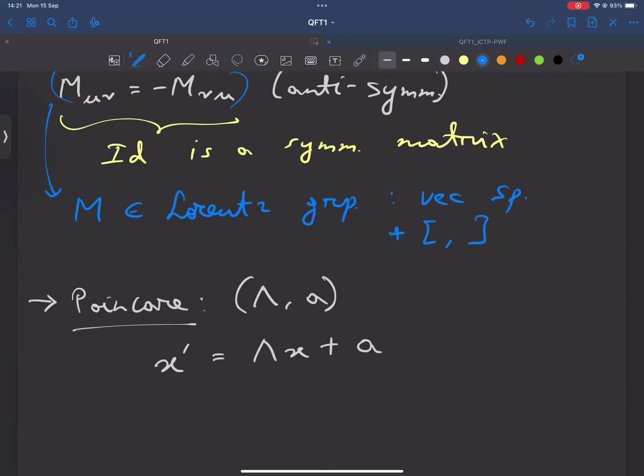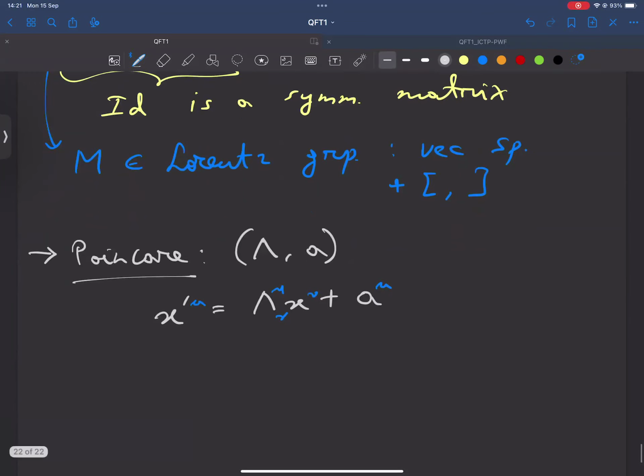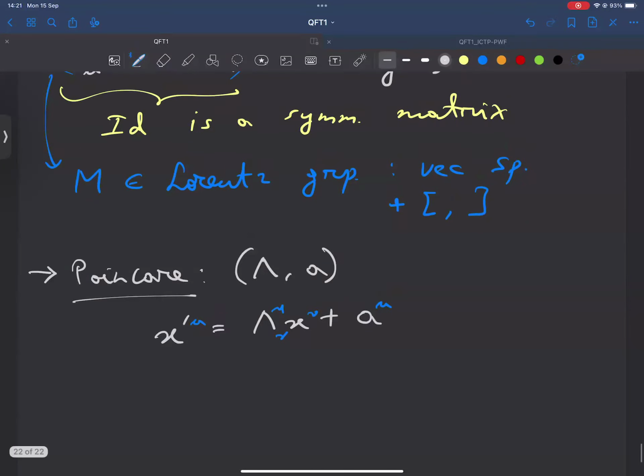Like here there are indices, mu and then mu and then mu, but just for simplicity, I will be avoiding them most of the time. So this is how a Poincare transformation acts on a coordinate vector, like x prime.